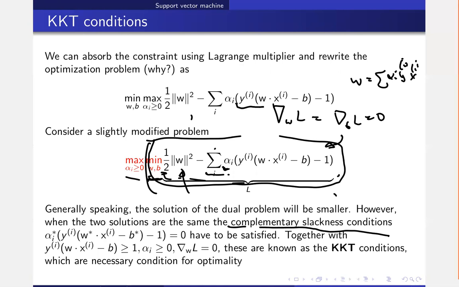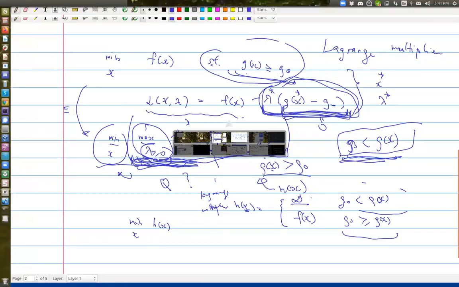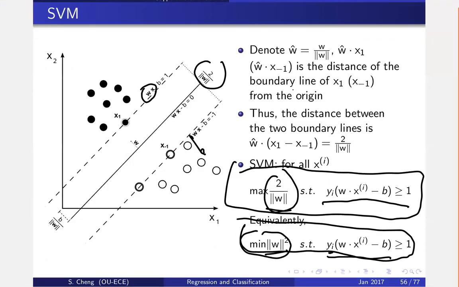We remember this condition here. Let's write it down again: y i times (w x i minus b) minus 1, right?